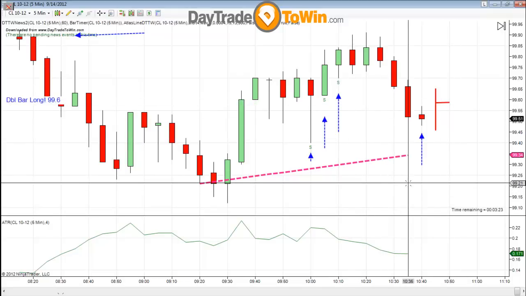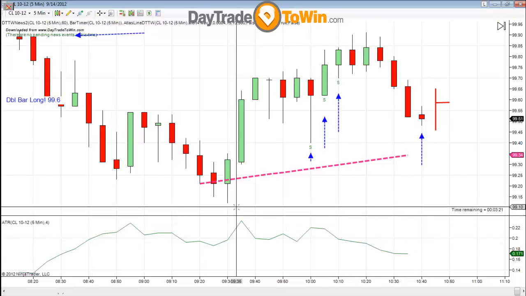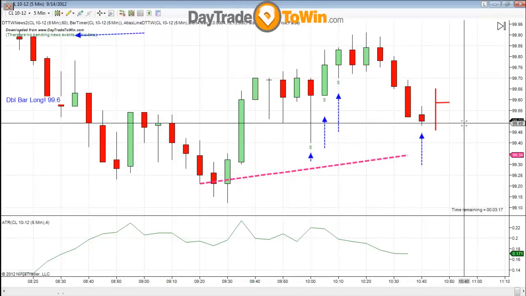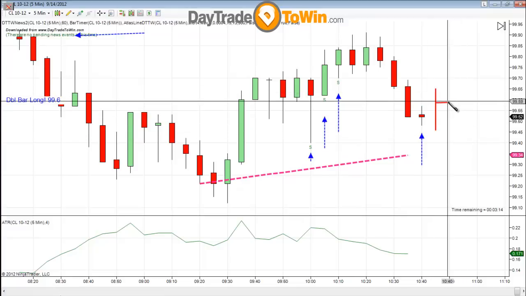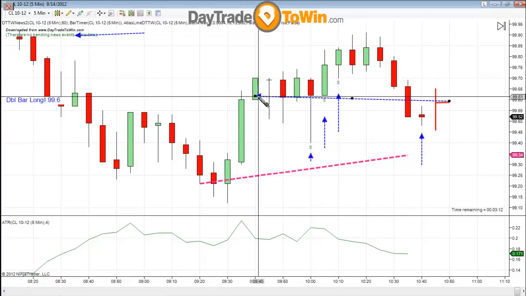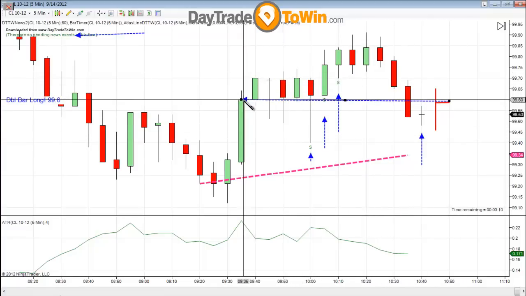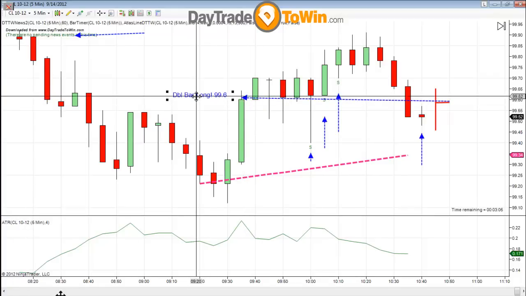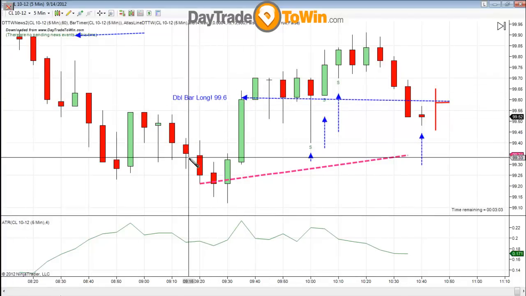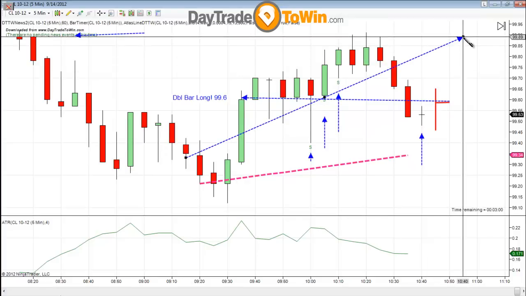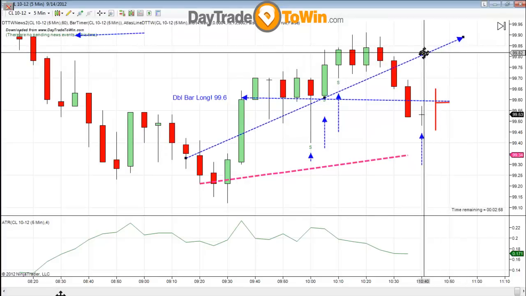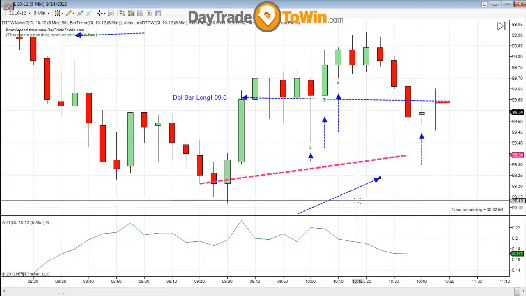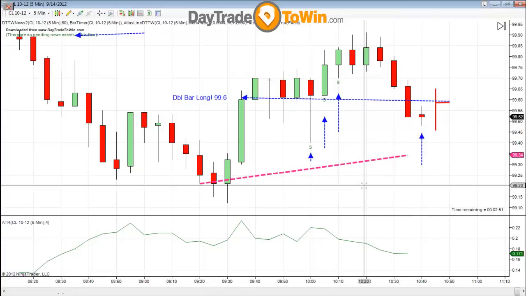The reason why is that the software itself, the Atlas line, understands that you're entering here, and this is lower than either a previous pullback trade or your initial double bar long, which is 99.60. When it realizes that there's no evidence we're continuing higher, it won't plot the pullback trades. It'll understand that this may be reversing to the downside.